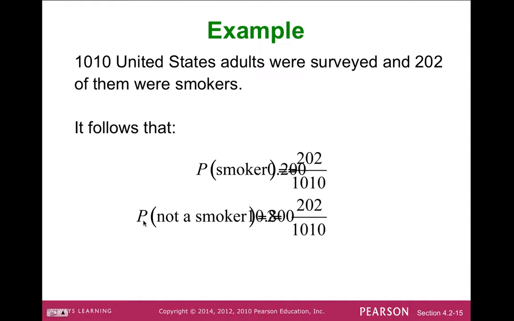So then it follows that your probability of being not a smoker is 1 minus your probability of being a smoker, which is 0.8.